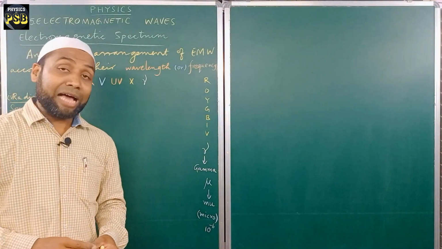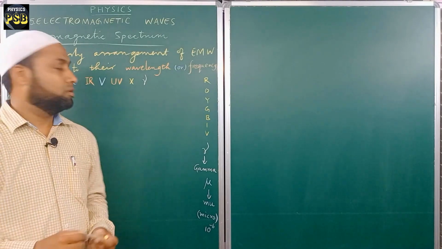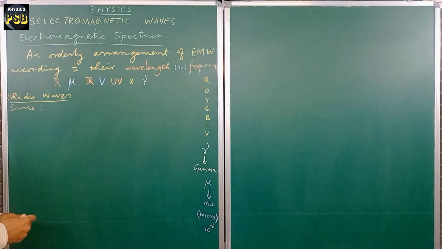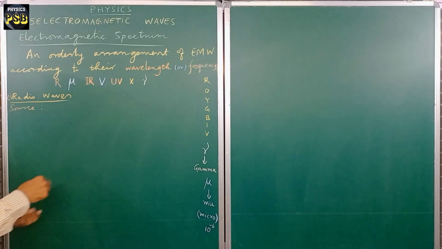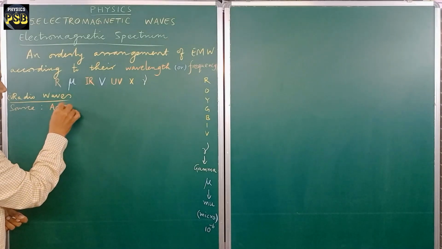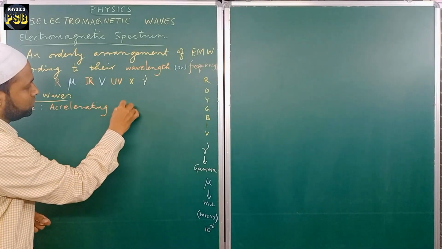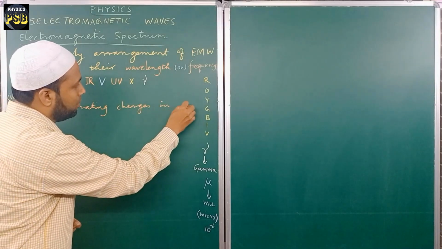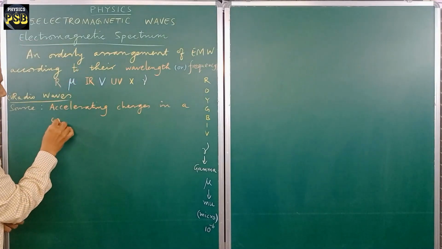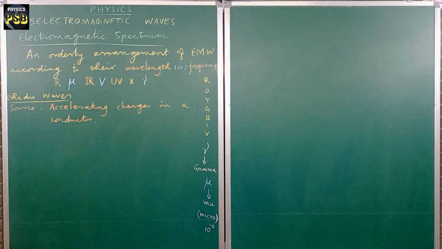When charges accelerate in a conductor, it gives out radio waves. Accelerating charges in a conductor give us radio waves. Remember this.